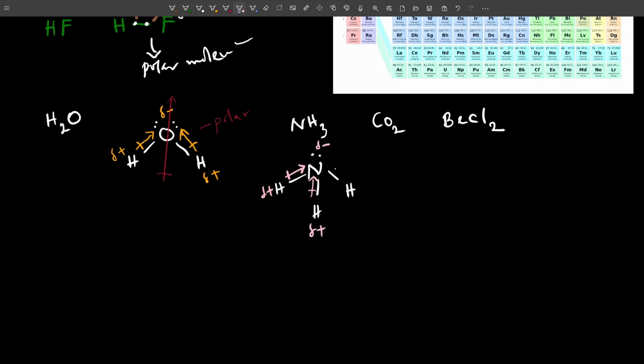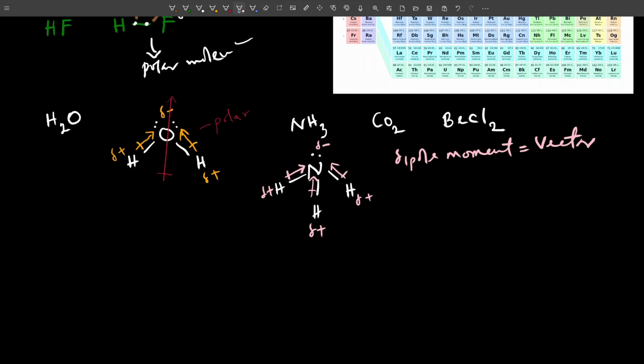Similarly, the dipole moment here will also move towards nitrogen. So you can tell already that dipole moment is a vector, since it is moving in a particular direction. So there will be a dipole moment here, here, and here.